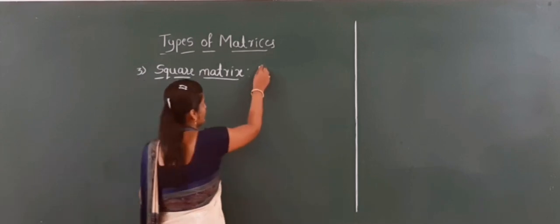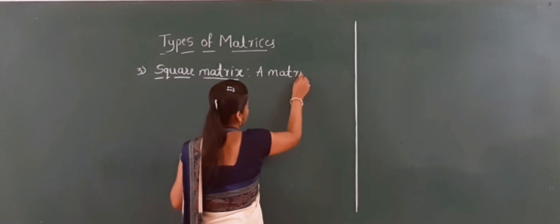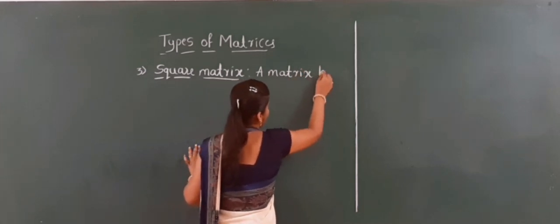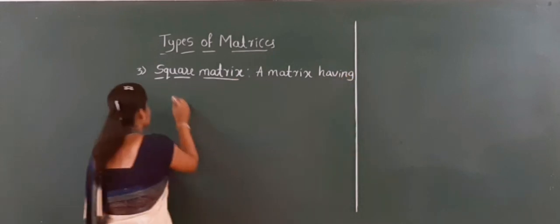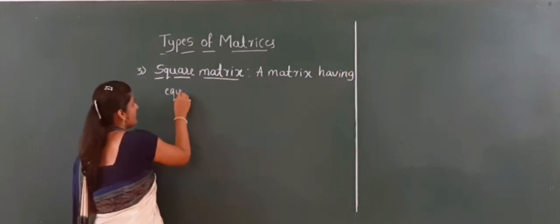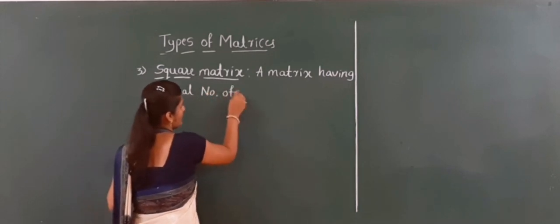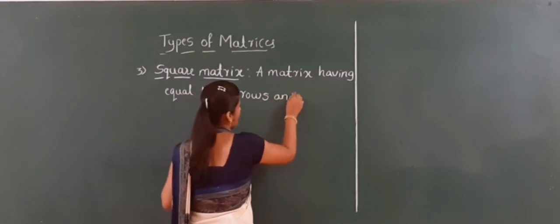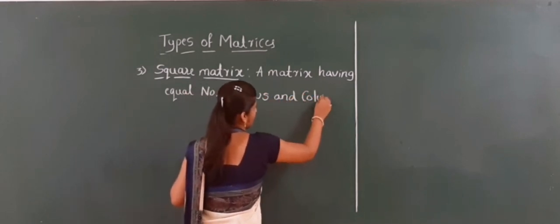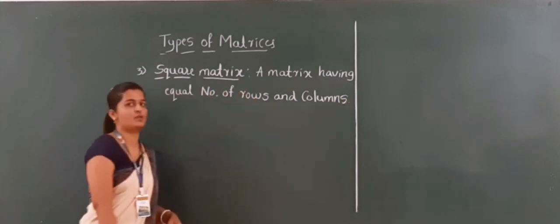So the square matrix definition is a matrix having an equal number of rows and columns. So this is the definition of a square matrix.